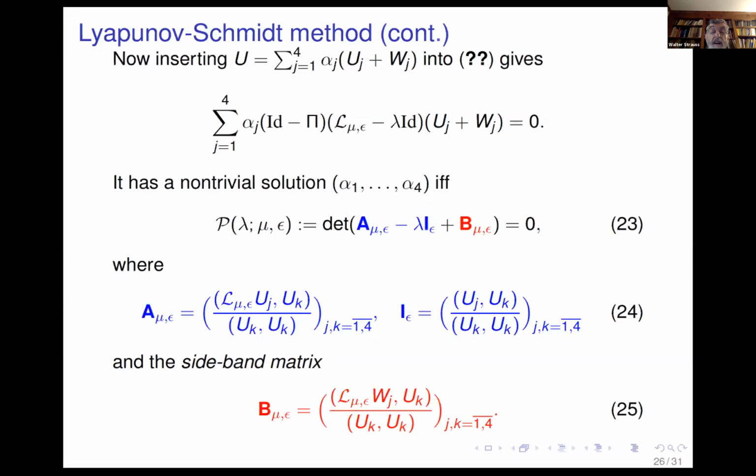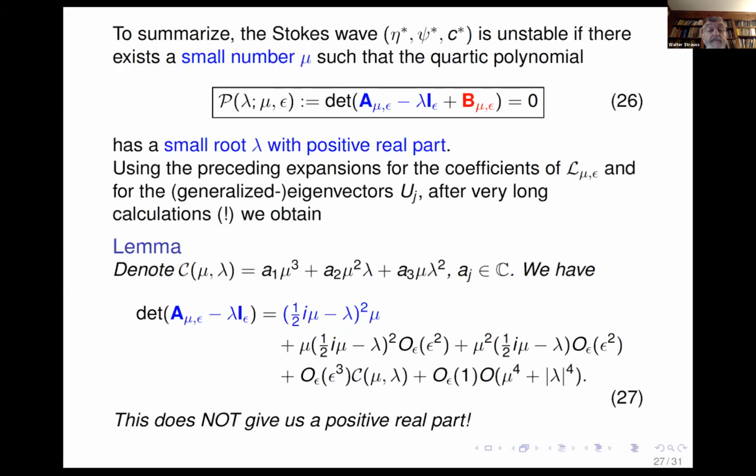So we want to solve this equation, determinant equals 0, for lambda. I call that determinant script P. And what we want is to get the instability if there is a small number mu such that this fourth degree polynomial has a small root lambda with a positive real part.